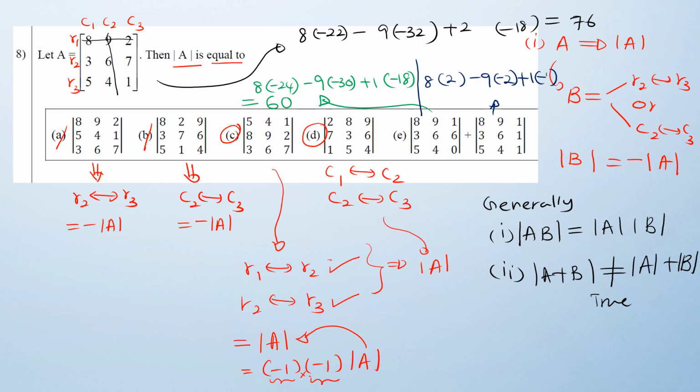And here again we have minus 18. So the value is 16. So when we get the summation, here we have 60 plus 16, that is 76. So those two are equal. Then again E will be true.